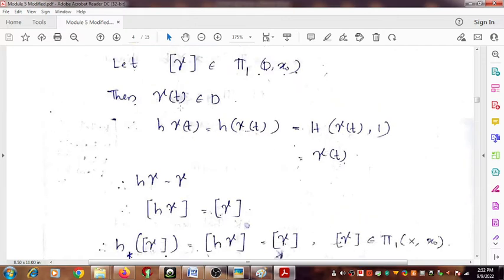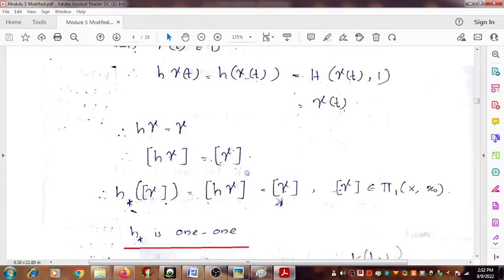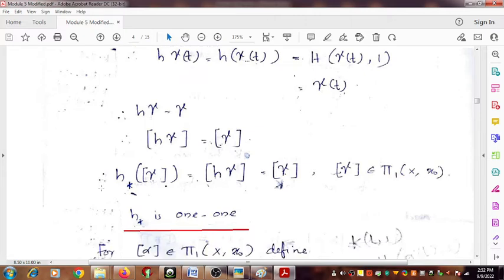It's because γ(t) is completely present in D. So you can say that H of γ equals γ, therefore class of H∘γ equals class of γ, and therefore H star of γ, thus γ is a member of the first group also.